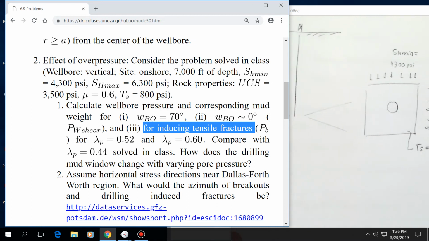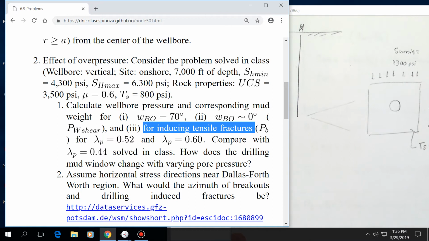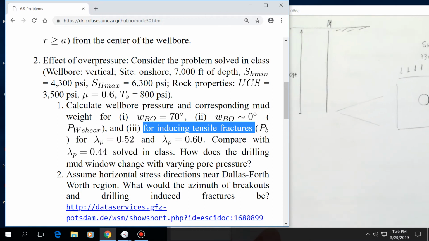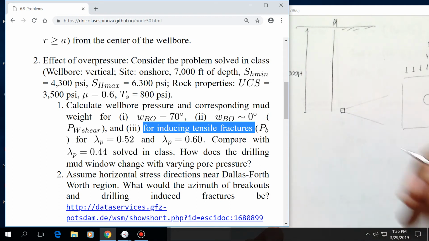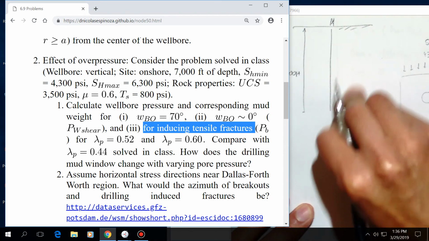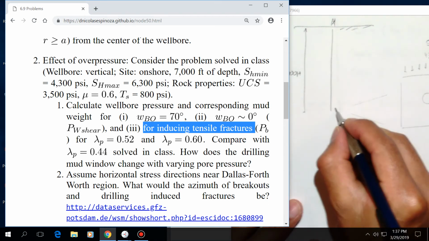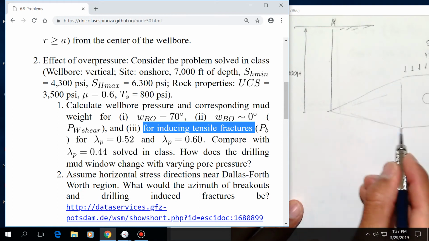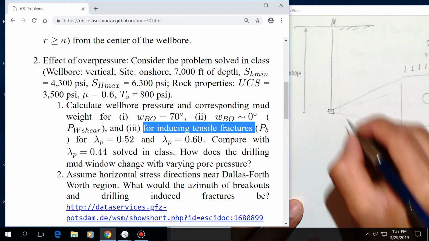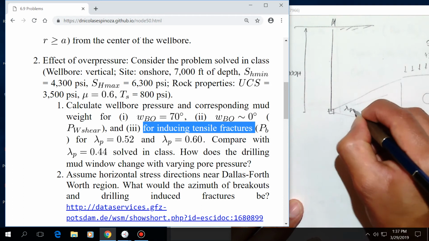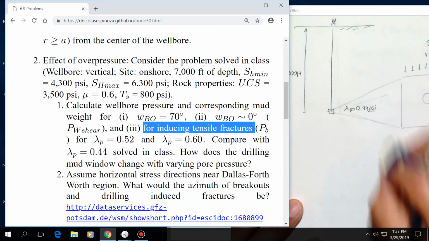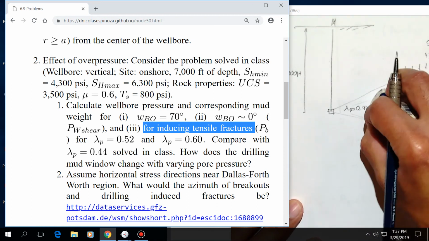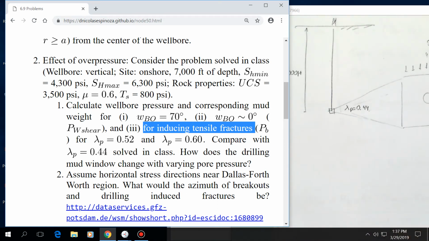And one more thing is that we're going to solve this problem first, knowing that at this particular location lambda p, let's assume, is hydrostatic. 0.44, that's going to give you a gradient of pore pressure of 0.44 psi per foot.